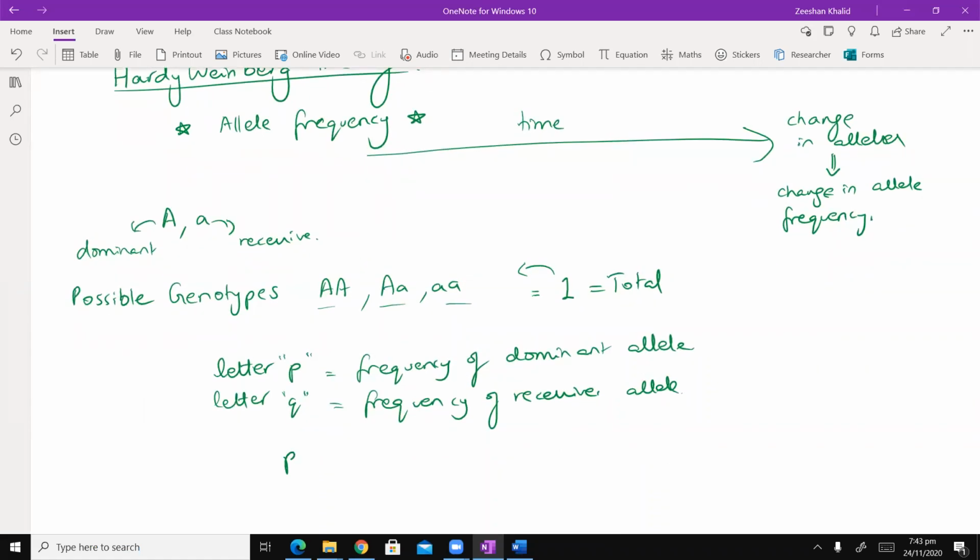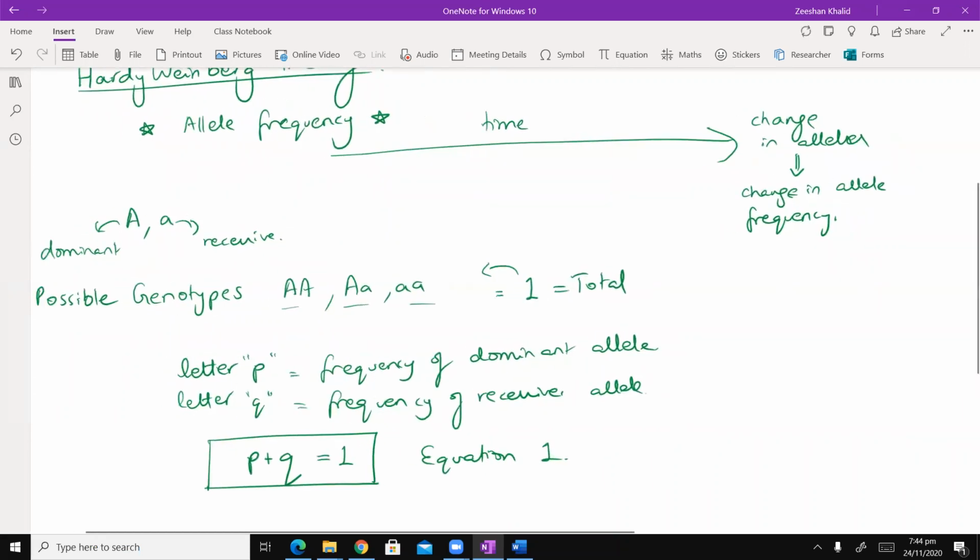This will mean that if I add the frequency of the dominant allele and the recessive allele, they should equal 1. And that is the first equation, equation 1 of the Hardy-Weinberg principle. There are a total of 2 equations. If you have not understood what I have said so far, just remember this.